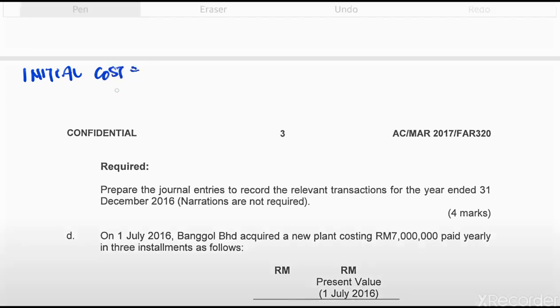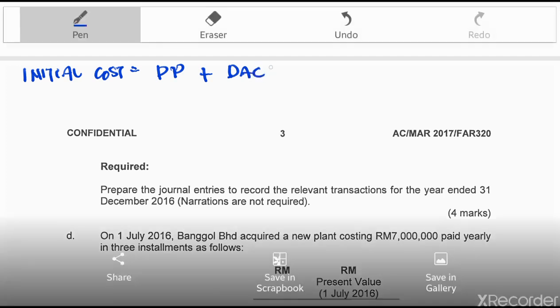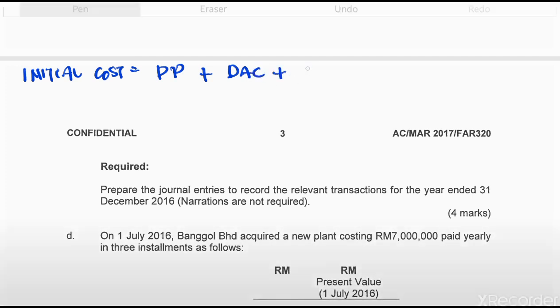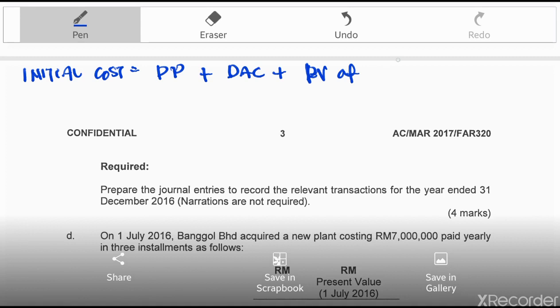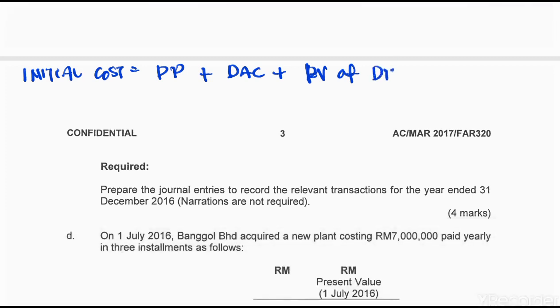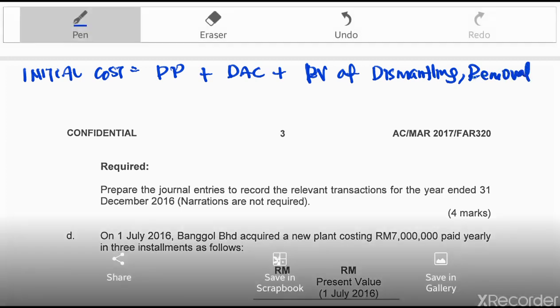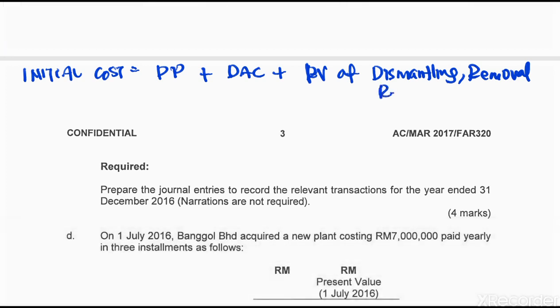Before this, you are informed the initial cost equals purchase price plus directly attributable cost plus initial estimate, at the present value, of dismantling, removal, and restoration.